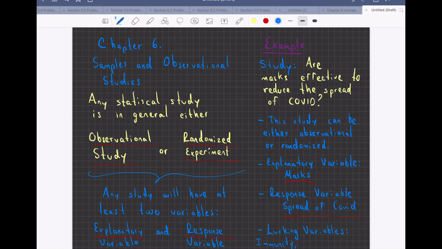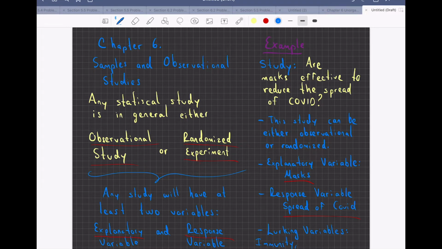Because maybe if a person already has immunity, that person is not going to spread the COVID as if that person does not have immunity, right? So maybe one person says, "Oh, I was wearing my mask all the time and I didn't spread the COVID, and I was infected." Well, maybe you already have immunity. Maybe that reduces your chances to spread the COVID.